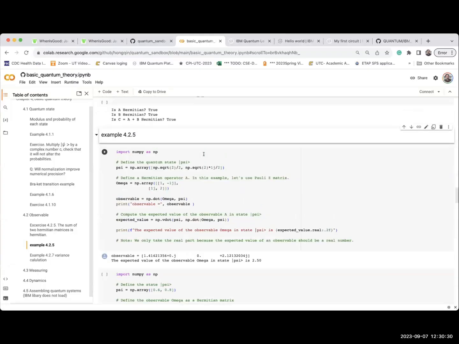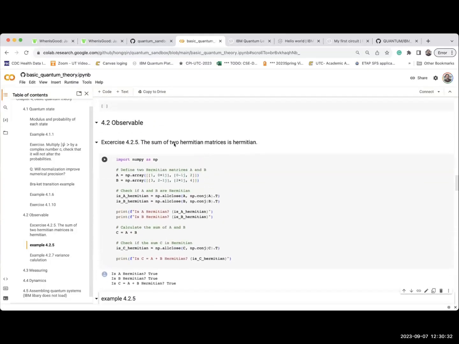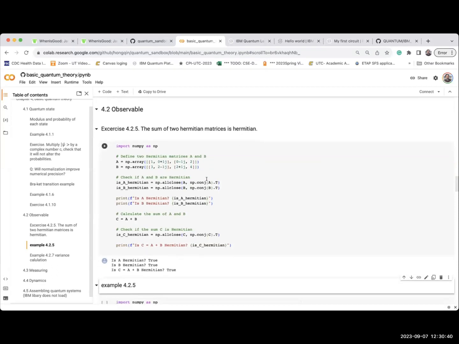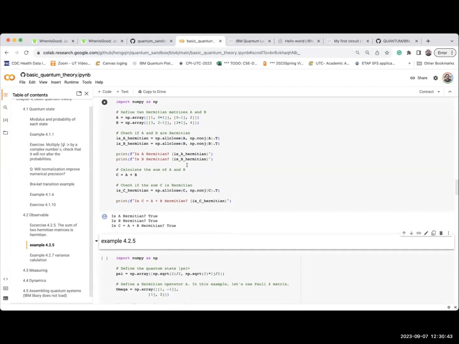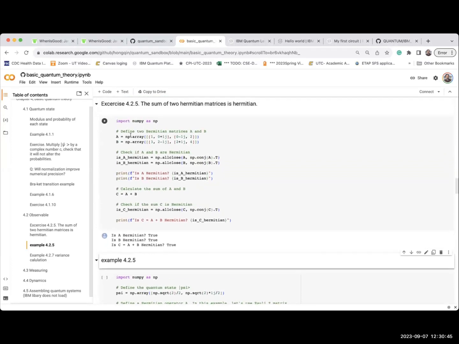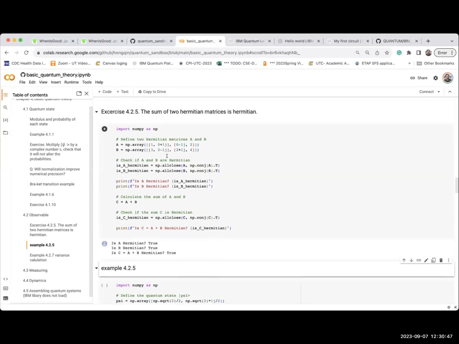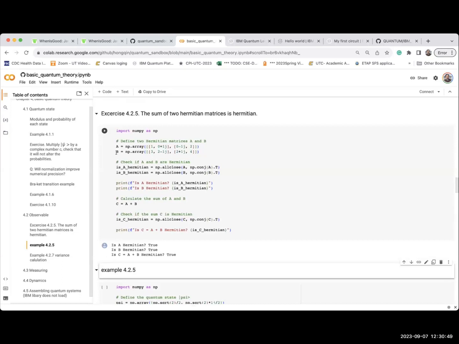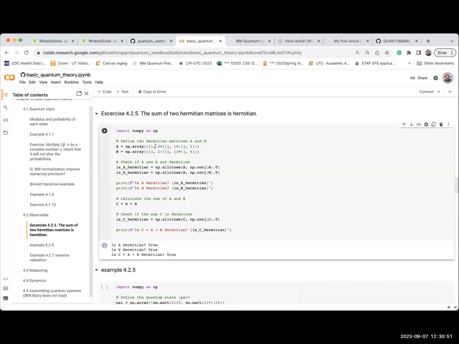No. Yeah. So my code first shows the sum of two Hermitian matrices is Hermitian. So first, A and B are Hermitian matrices. Hermitian matrix means the diagonal must be a real number.